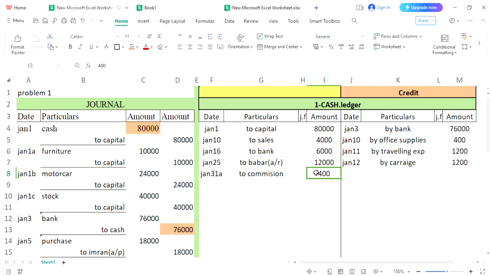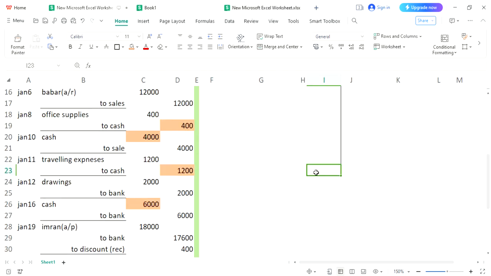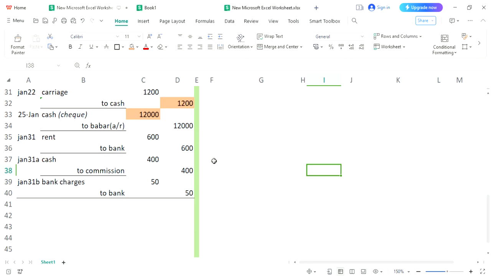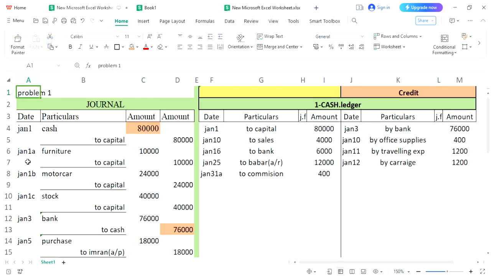Entry was for 400, this was the cash. Cash was debited, posting completed. Mark it as it has been done. So entry for 400 completed for January 31st. Let's see, we have last entry bank charges to bank and cash is not present. It means all posting related to cash is completed.